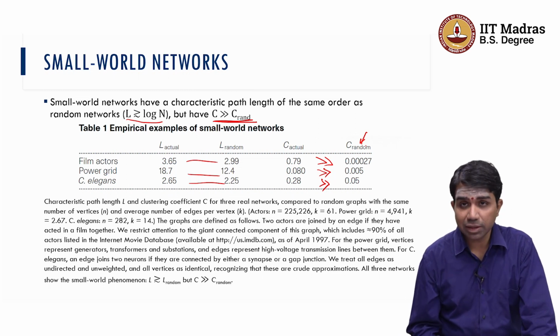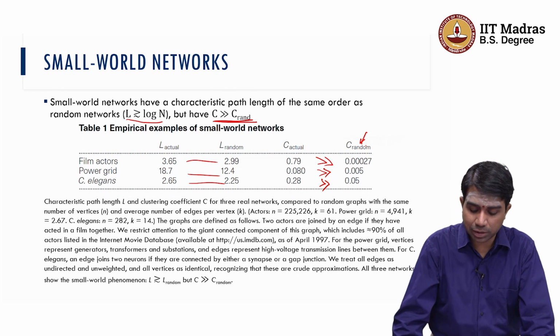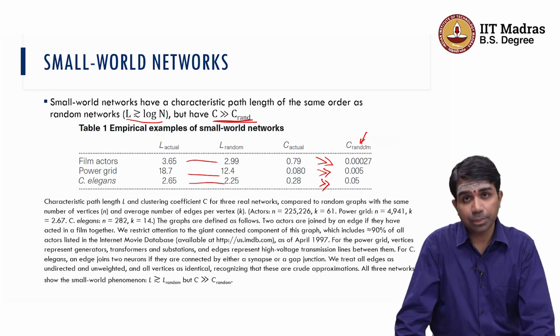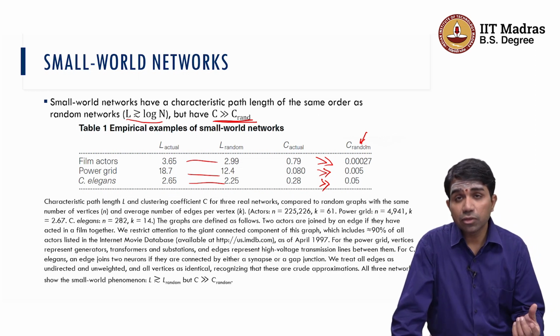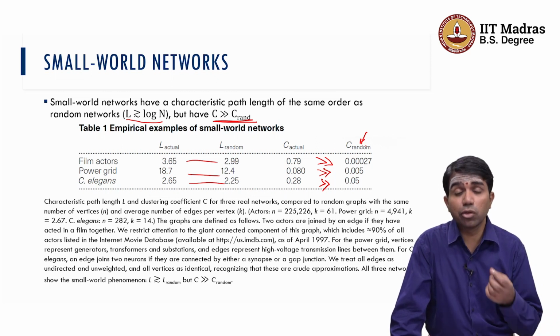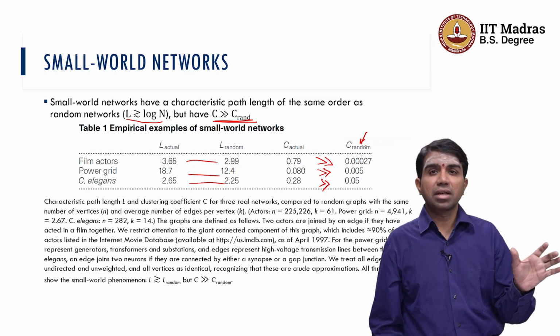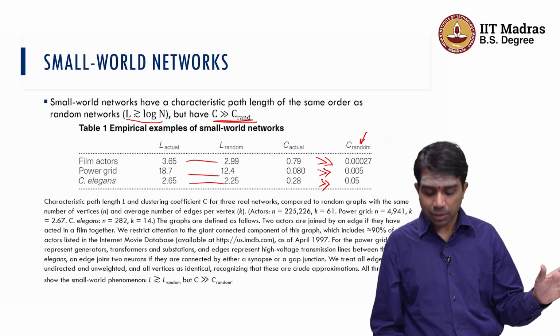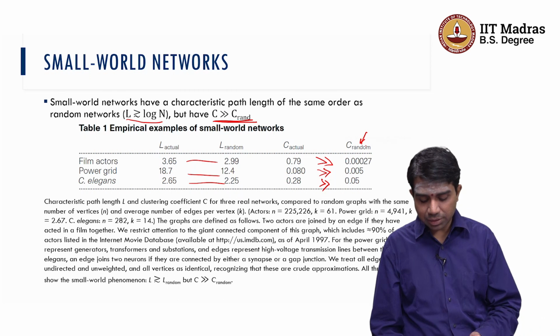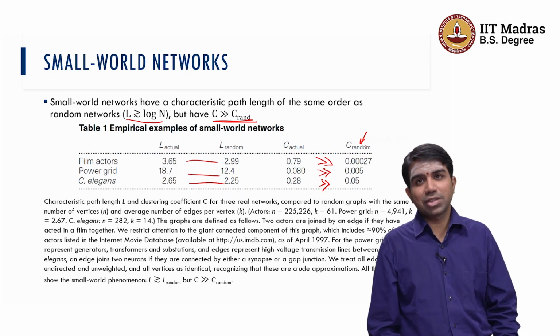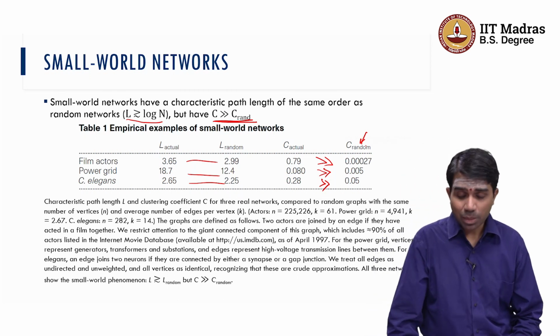So, in the film actor network, the clustering coefficient for the random case is as low as 0.00027, meaning if you generated an ensemble of networks sized comparably to the film actor network, their clustering coefficient is of the order of 10 to the minus 4, very low.